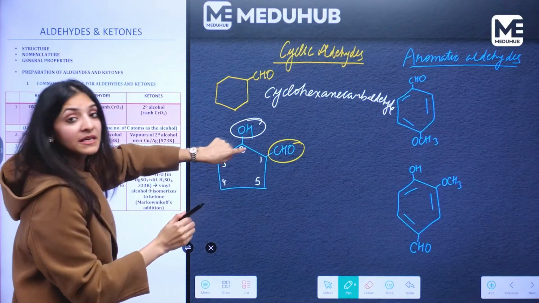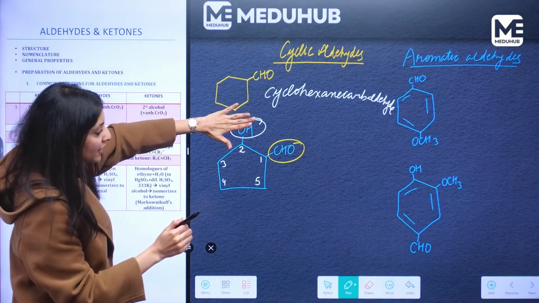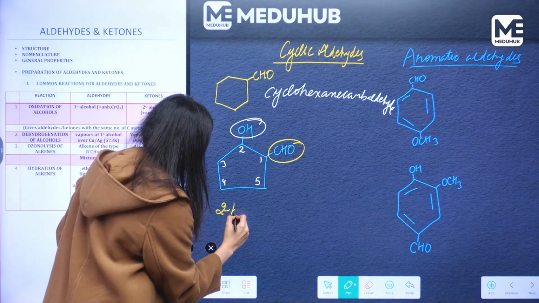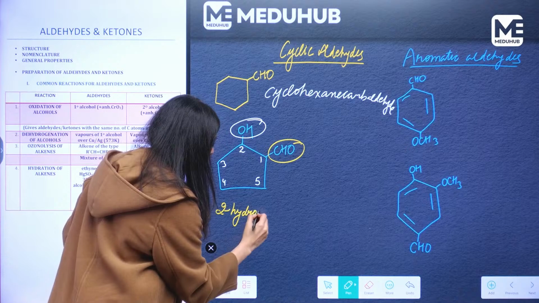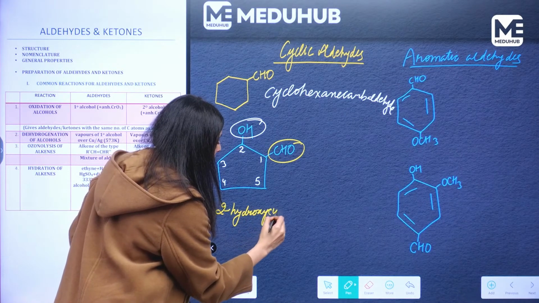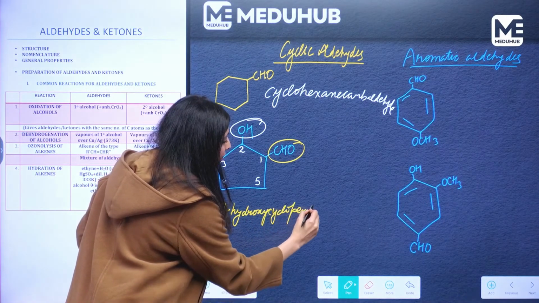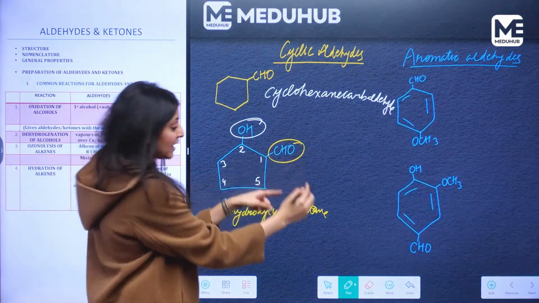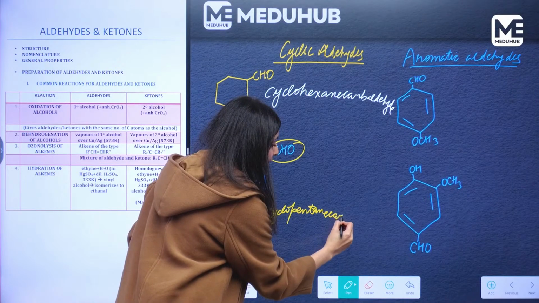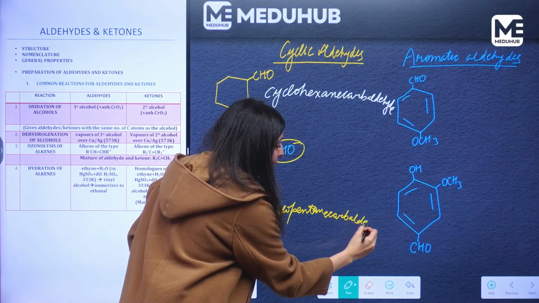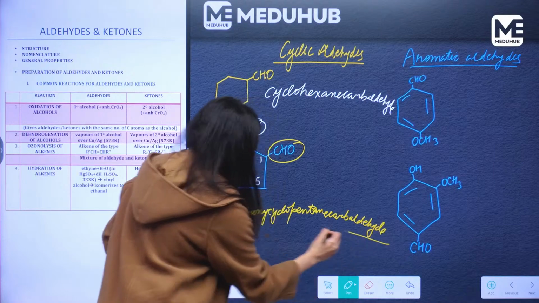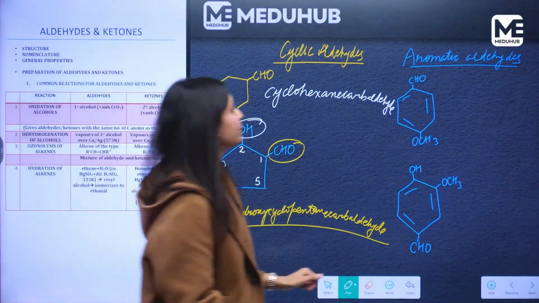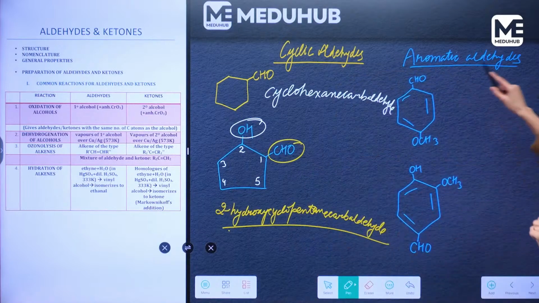To the second carbon in cyclopentane, a hydroxy group is attached, and hence this will be called 2-hydroxy cyclopentane. And because to the first carbon an aldehyde group is attached, we will write carbaldehyde. 2-hydroxycyclopentane carbaldehyde.